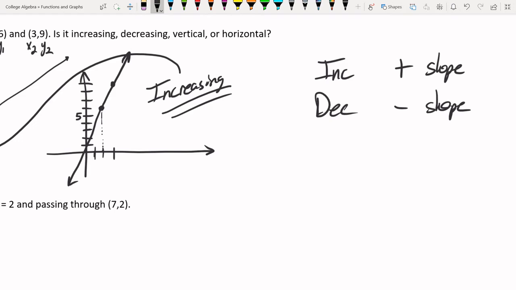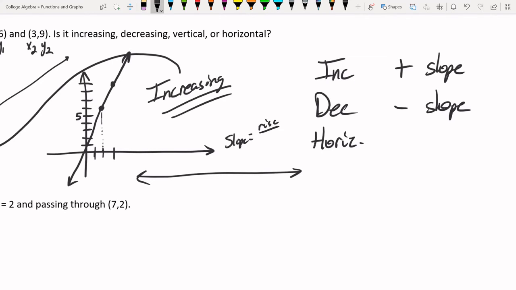Let's think about a horizontal function. It looks like this, right? It just goes flatlining as you go left to right. What kind of slope do you imagine that would have? Well, as you go left to right, you do not rise anything. You just run. Slope is really just rise over run.